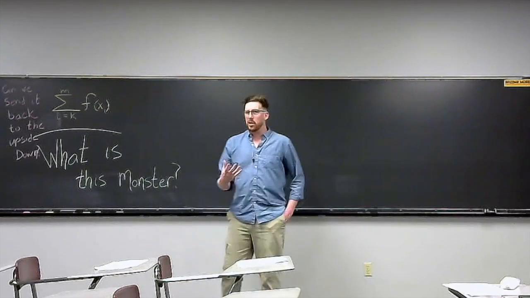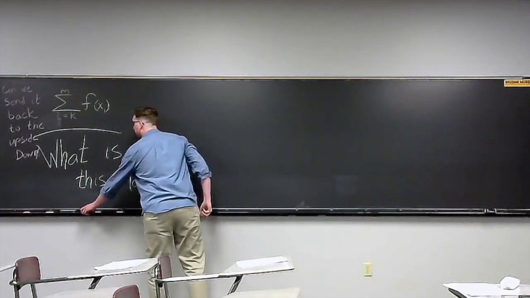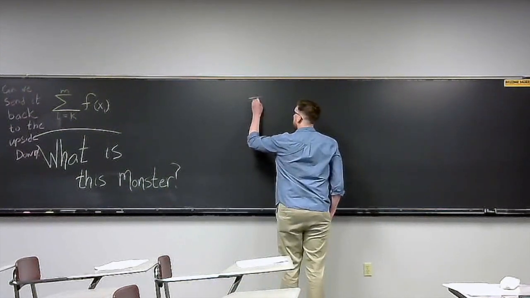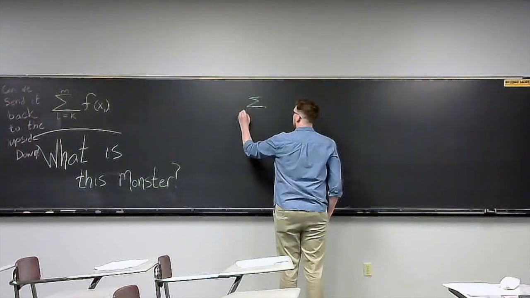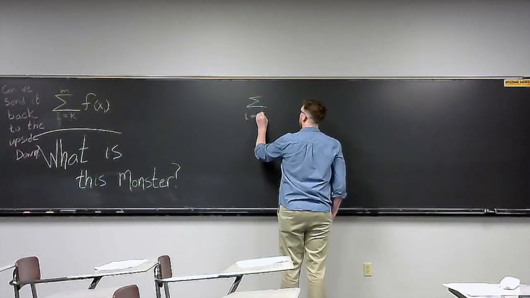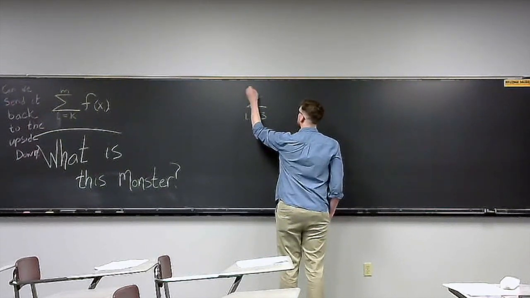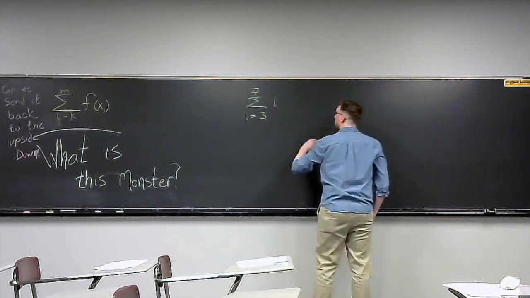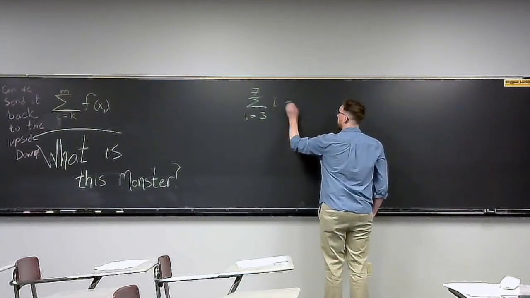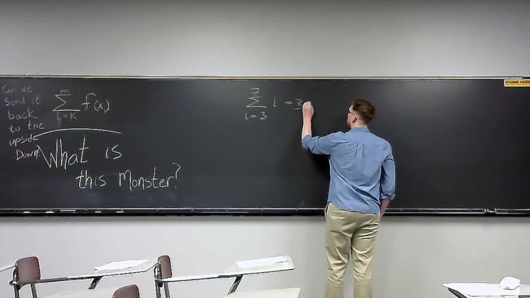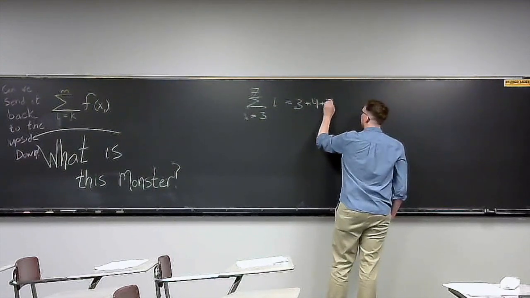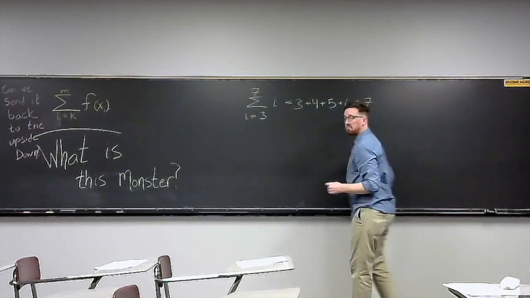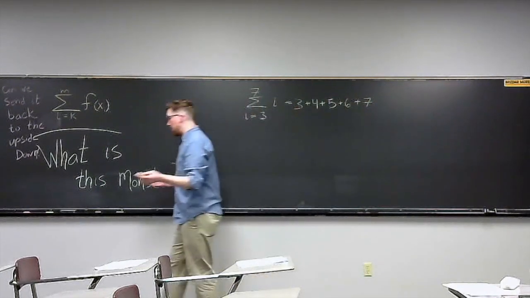Functionally, one way that this can be understood is with a simple example like taking the sum from i equal to 3 up to, let's say, 7 of i. What this is saying in condensed notation is you're going to take 3 plus 4 plus 5 plus 6 plus 7. That's it. That's pretty simple, right?